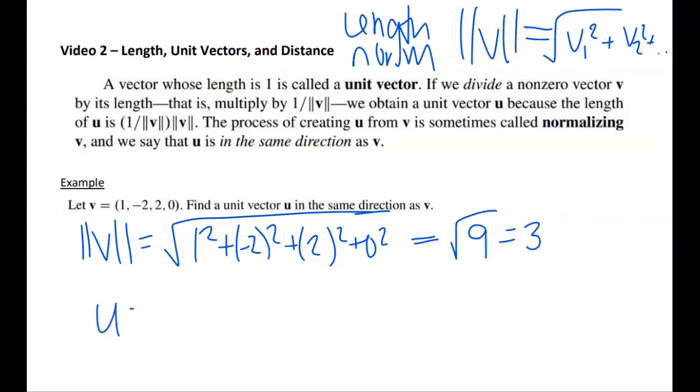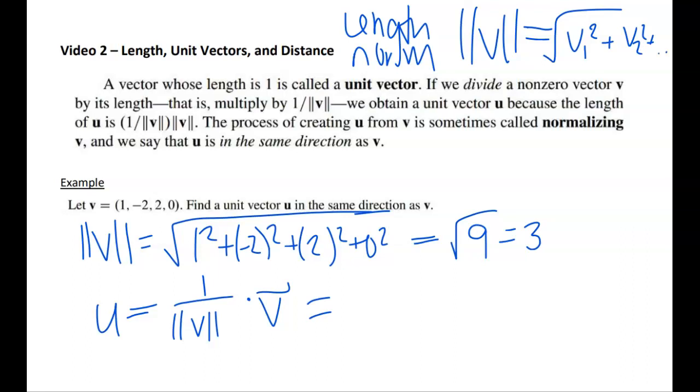And so u must be 1 over that norm times my vector v, because it needs to be in that same direction. So I'm going to take 1/3 and multiply it through by vector v.